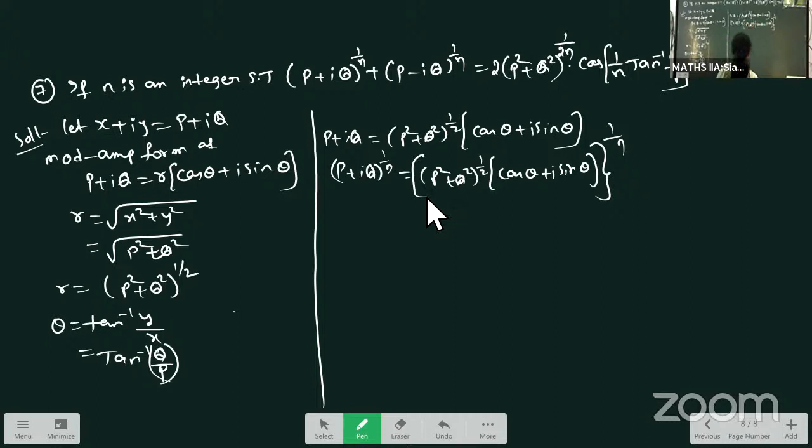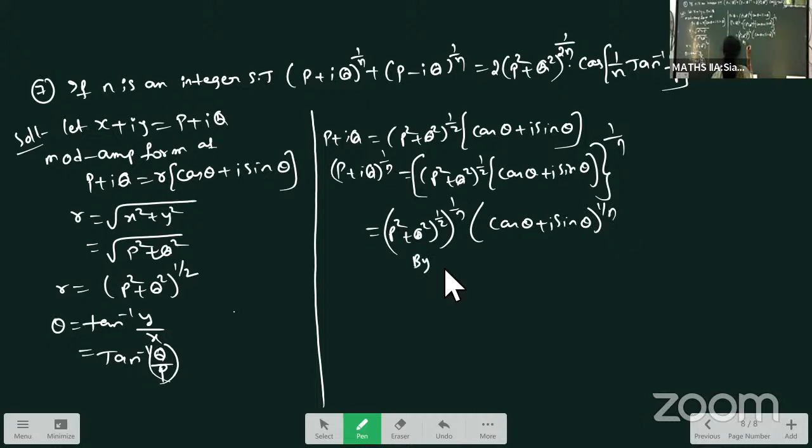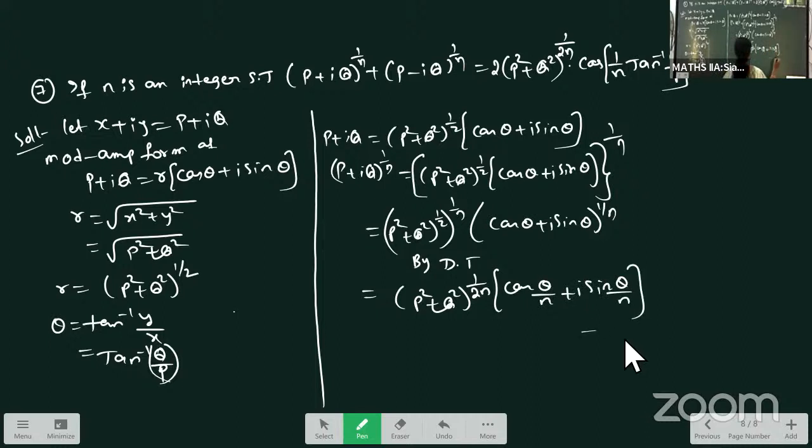Separate the power: p square plus q square power 1 by 2 power 1 by n, and cos theta plus i sin theta whole to the power 1 by n. To remove the power, by De Moivre's theorem, this is p square plus q square power 1 by 2n into cos theta by n plus i sin theta by n. Take it as equation 1.